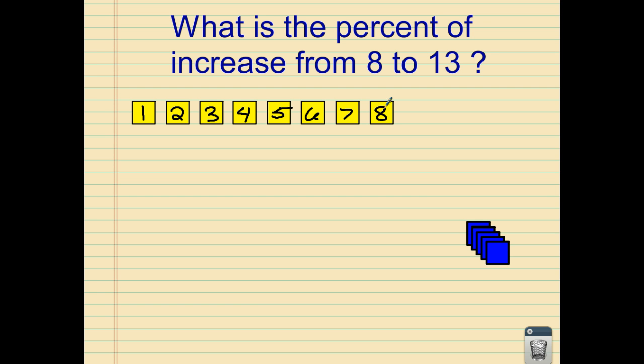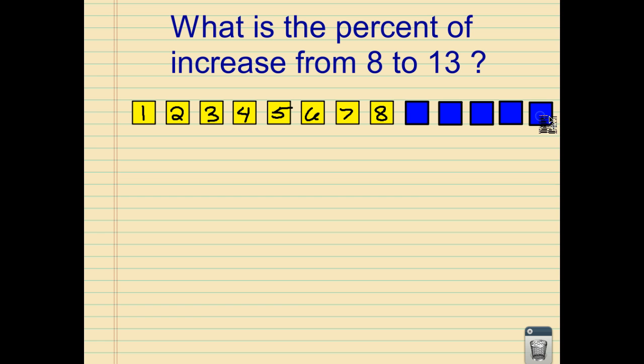And in a few months, I am going to increase my stock of video games from 8 to 13, which means I'm going to have my original 8 video games, and I'm going to be purchasing additional video games within the next few months. And let's say that I purchase 5 more, which makes it 9, 10, 11, 12, and 13.